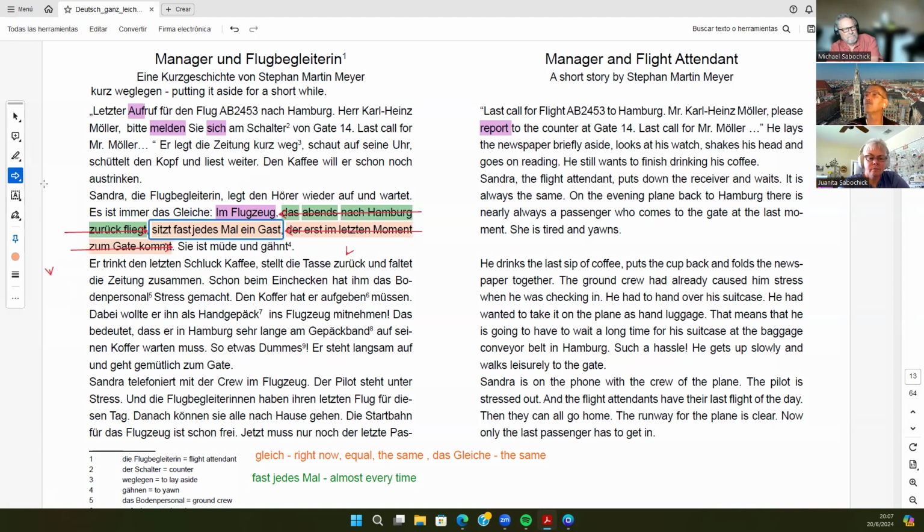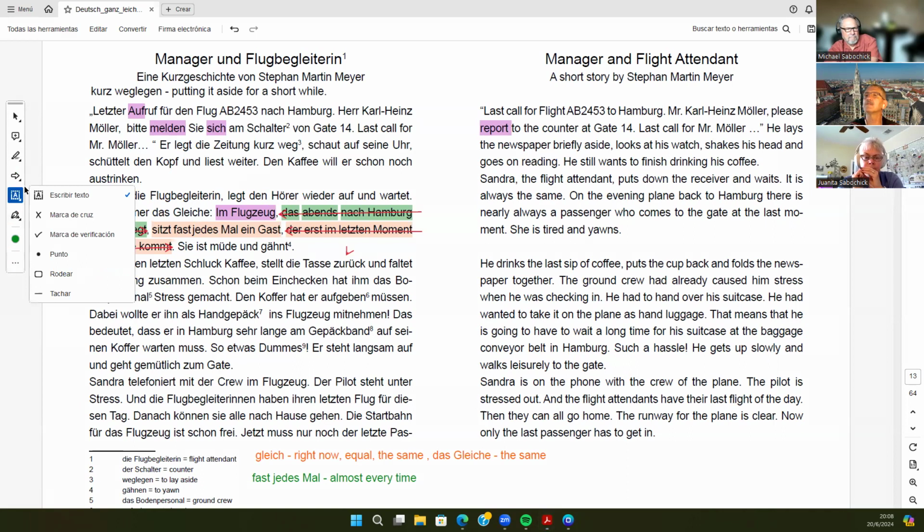We have the noun ein Flugzeug and we have the noun einmal. So now I look at those three and I say, okay, what makes sense? All right. So im Flugzeug, which means inside the airplane, and I see ein Gast, which is my subject. And so we start eliminating and then we go and translate each one of these sections.